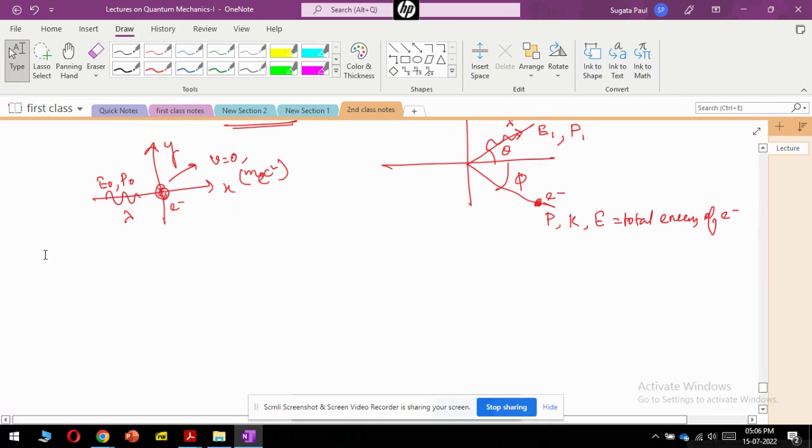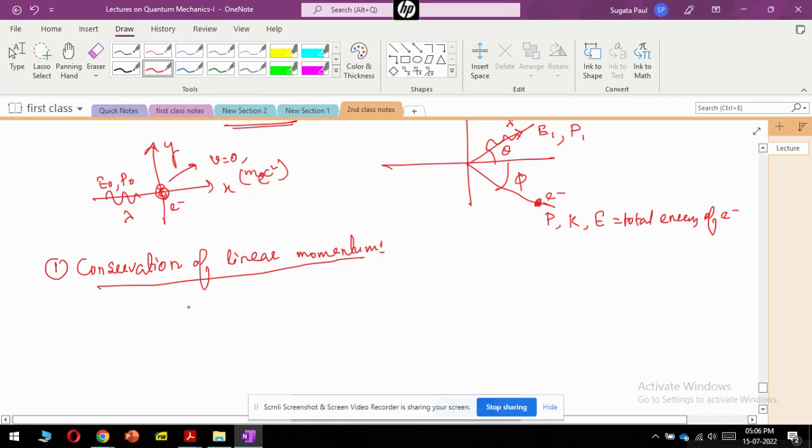The two major principles working in this case begin with the conservation of linear momentum, a very basic principle of any physics, be it quantum or classical. This is the basic idea that conservation of linear momentum must be true, so we will use it first. Initially the momentum of the photon is p naught along the x direction, and the momentum of the electron was 0 because it was at rest. This is before collision.